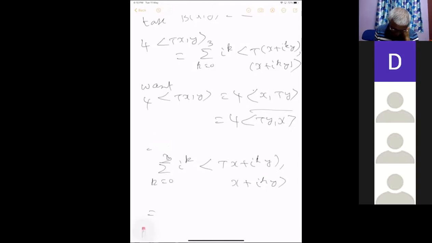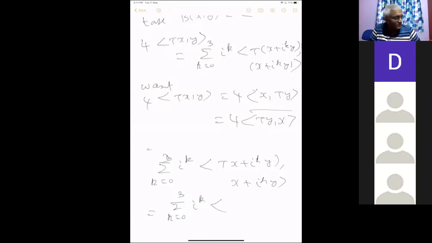Now I write it in the following way: k equal to 0 to 3, I keep the i power k here. I can multiply this by i power minus k. What is i power minus k?